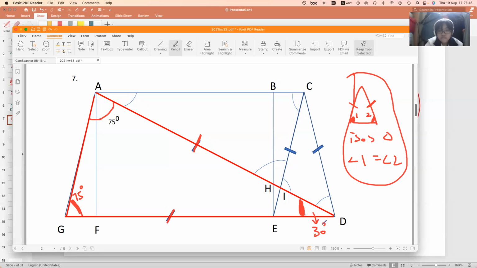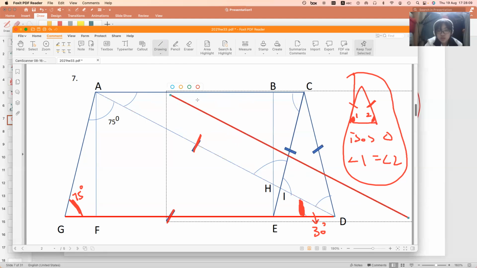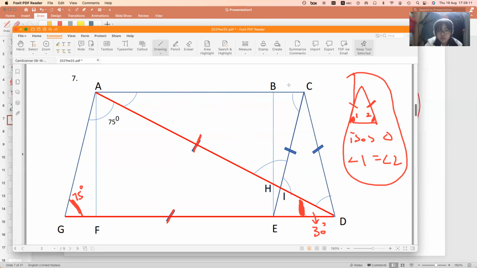Okay. Good. Just now you said this is a Z, right? Can you see the Z?